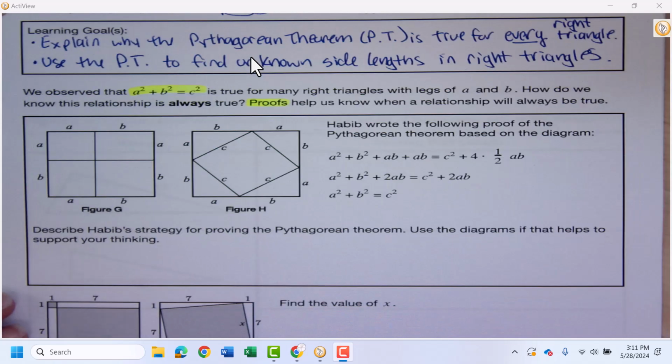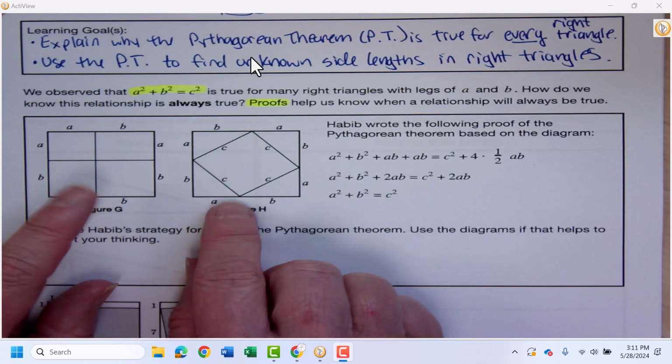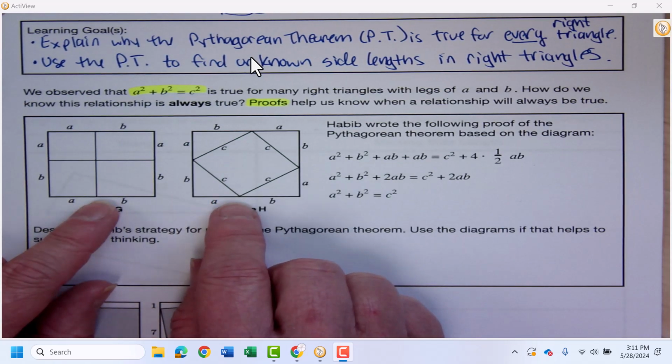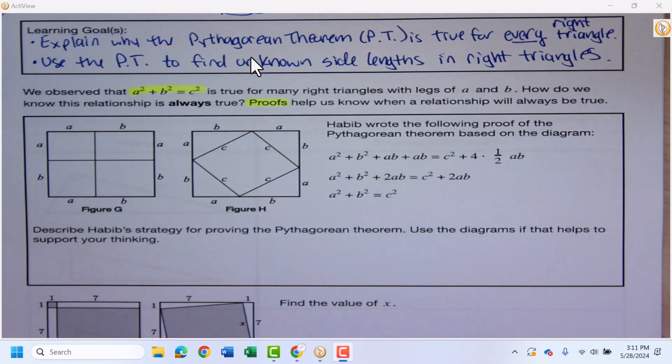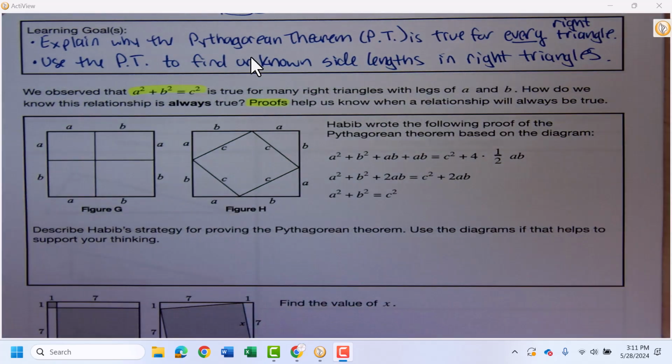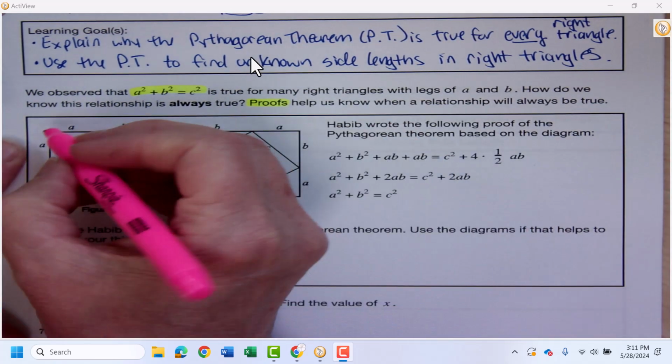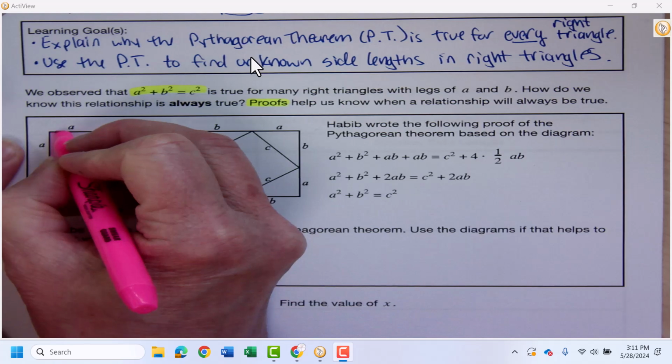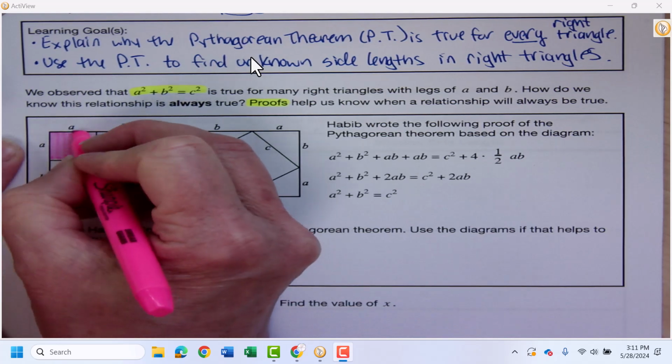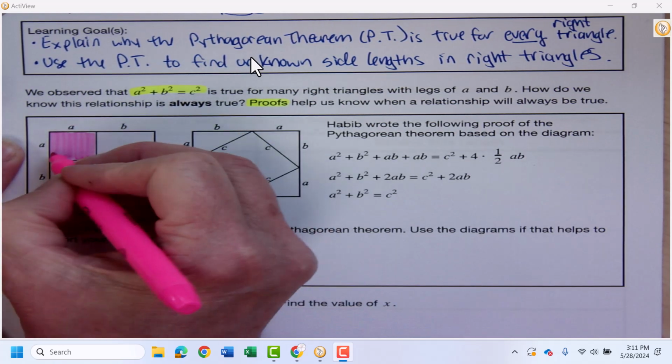So in the lesson today, you had two figures that looked like this, and you found that the areas represented on one side were actually the same as what was on the other side. Let's take a look. Here we go. We're going to take a look at the area of the pieces in these figures.